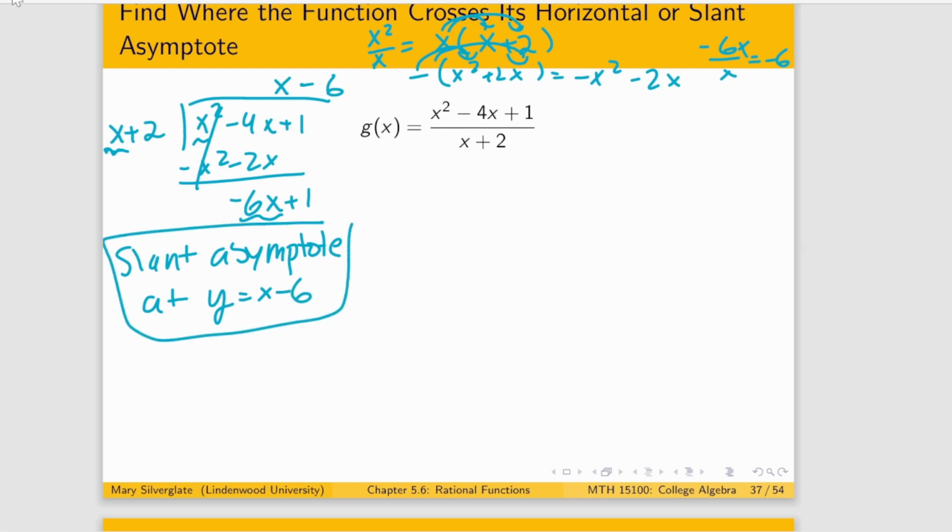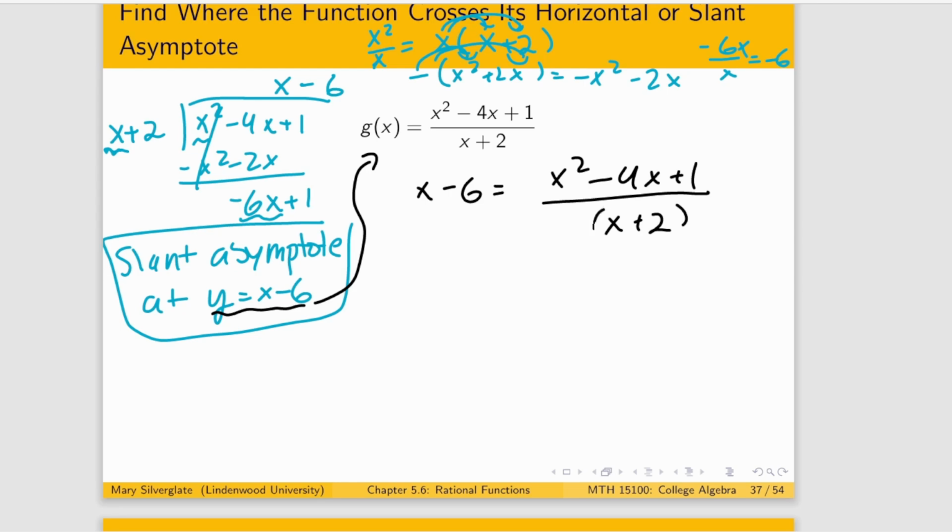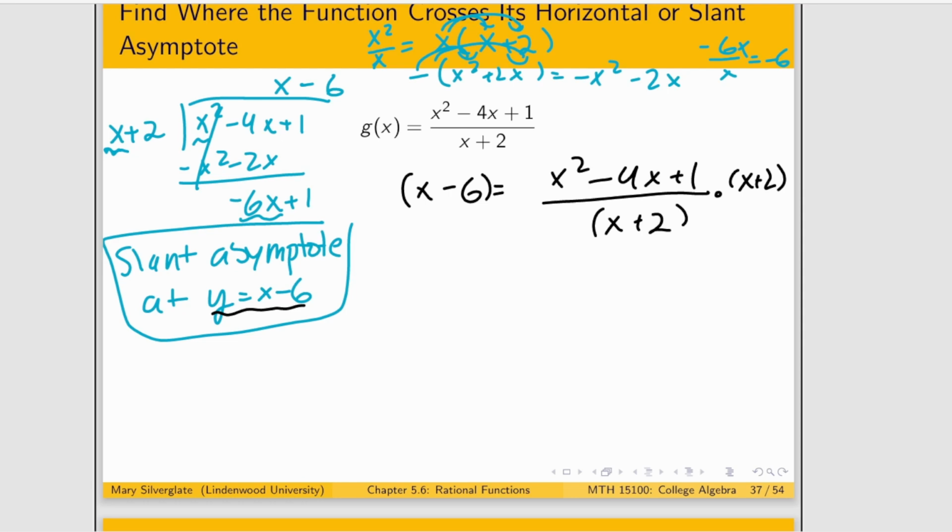Now to figure out where it crosses, if it does, I can still just plug this in for y. So I have x minus 6 is equal to x squared minus 4x plus 1 over x plus 2. I want to, again, get rid of that denominator, so I will multiply both sides by x plus 2. That makes 1.